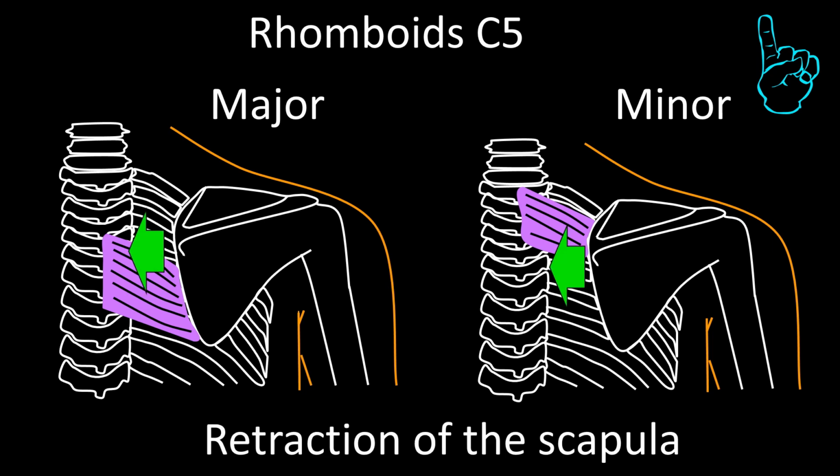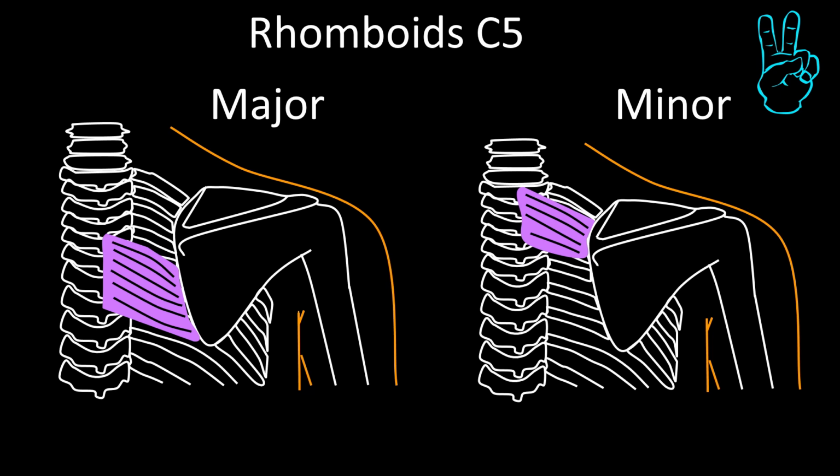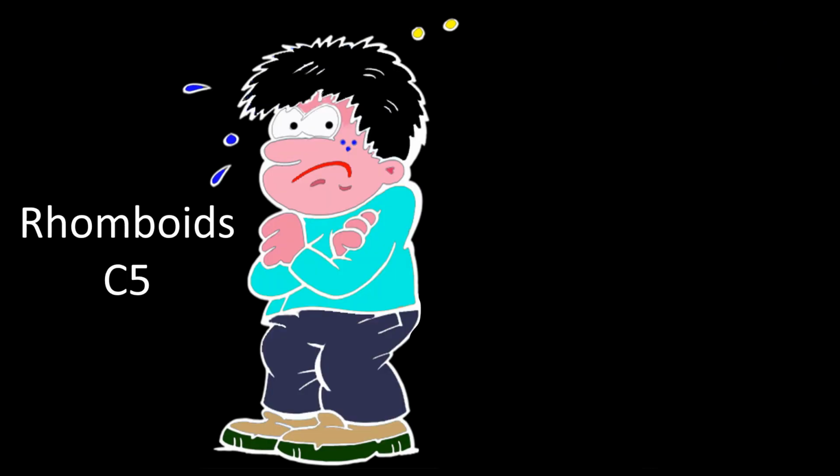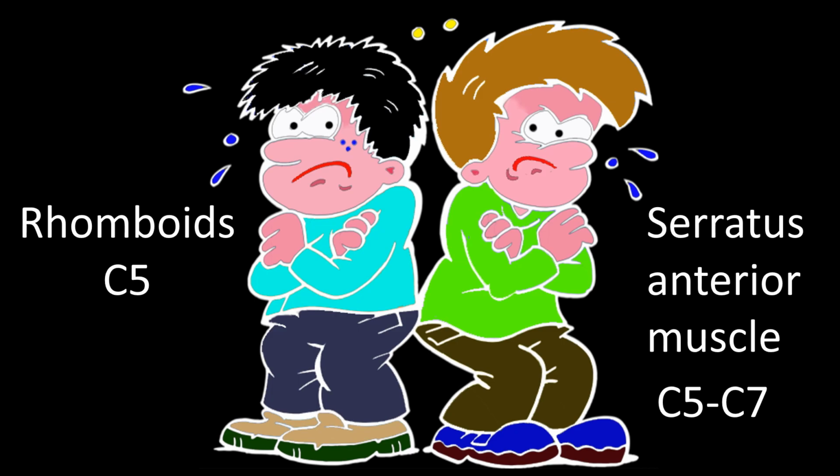The first action is retraction of the scapula. The second action is downward rotation of the scapula. I think of the rhomboids as the twin enemy of the serratus anterior. They both help keep the scapula in place by pulling in opposite directions.